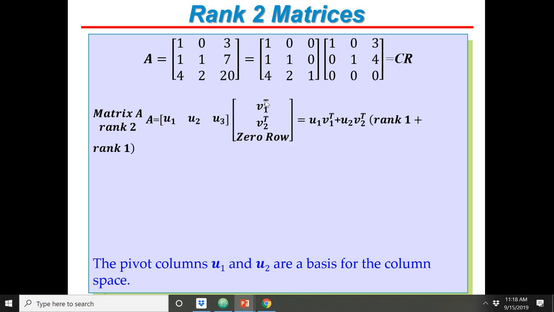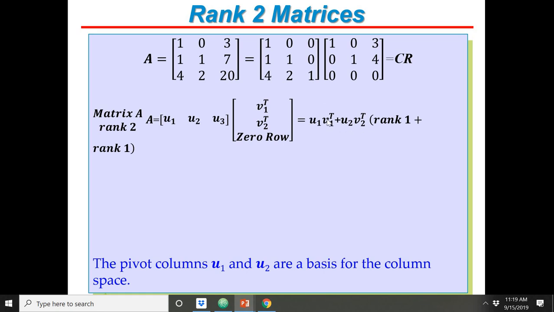So effectively, if you do the multiplication of C times R, you get U1 V1 transpose, that's a rank 1 matrix, U2 V2 transpose, that's a rank 1 matrix, and then U3 times the 0 row gives you 0. So basically, we have managed to write down a rank 2 matrix as the sum of 2 rank 1 matrices.